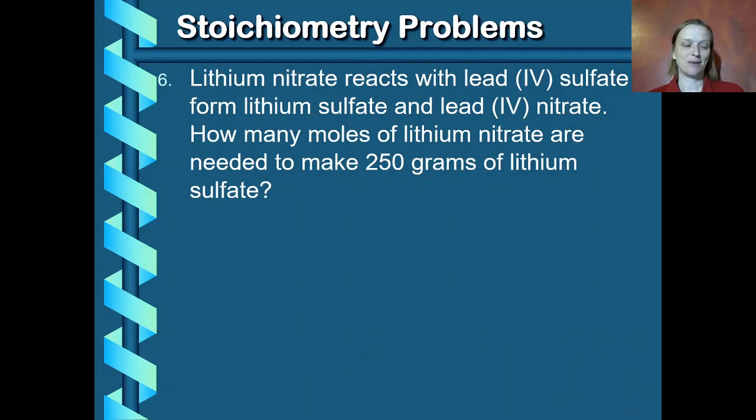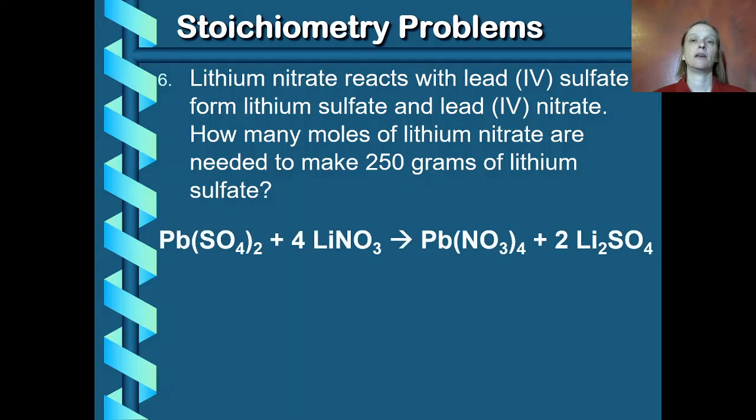Let's do one last example. Lithium nitrate reacts with lead 4 sulfate to form lithium sulfate and lead 4 nitrate. How many moles of lithium nitrate are needed to make 250 grams of lithium sulfate? Here's the balanced equation. I've labeled my known value and my unknown value.